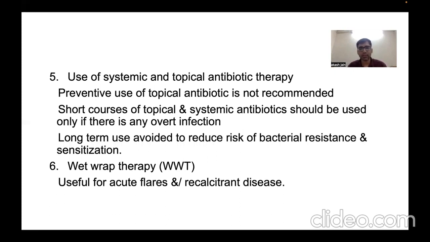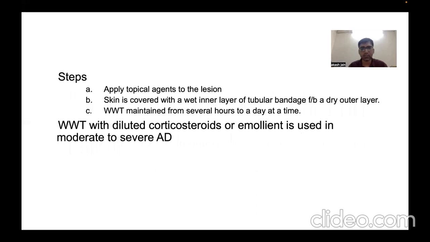So the next management includes wet wrap therapy or WWT. So this is used for controlling acute flares and recalcitrant atopic disease. Now, what is wet wrap therapy? We have to apply the topical agents to the lesion. Then the skin is covered with a wet inner layer of tubular bandage, followed by a dry outer layer.